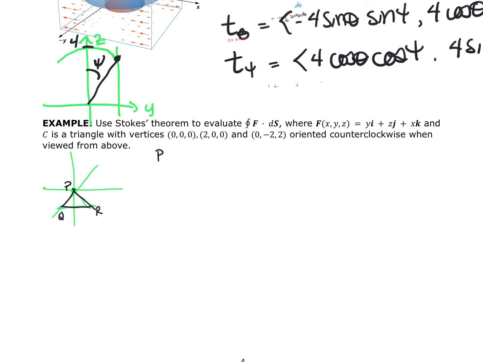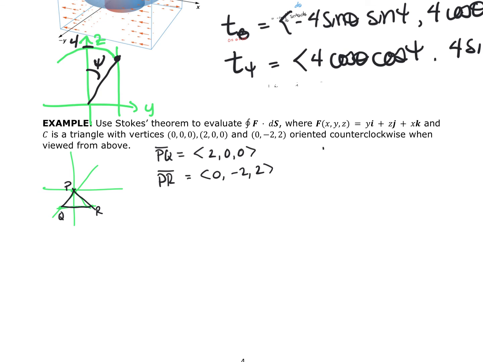So the vector from P to Q is equal to (2, 0, 0). That's nice. The vector from P to R is the vector (0, -2, 2).